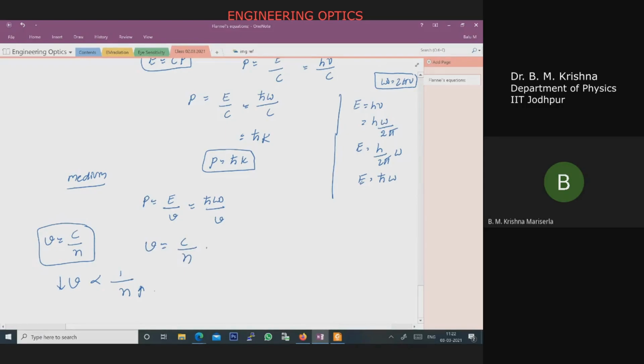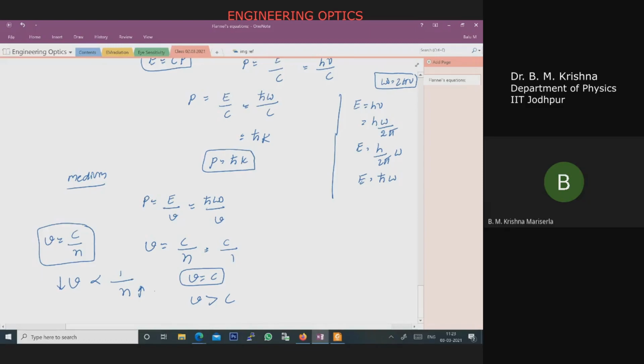If your refractive index equals 1, then v equals c. So the propagating wave can travel with the speed of light if n equals 1. If n is less than 1, your velocity is greater than c, so that wave can propagate through a medium faster than the light velocity.